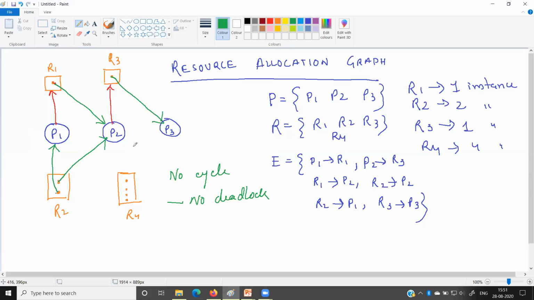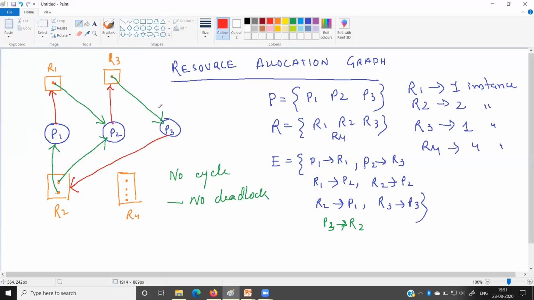Now let us modify it and add some extra edges. Consider there is an edge like P3 arrow R2. That means process P3 is requesting the resource R2. So definitely there will be an edge from P3 to R2.